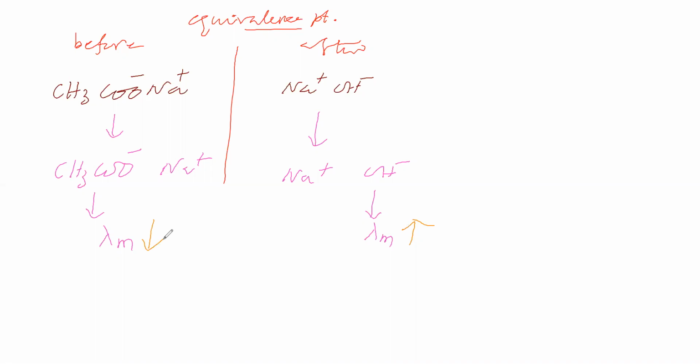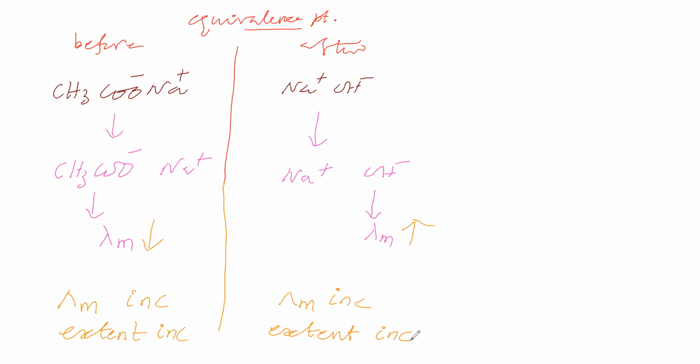Now, before the equivalence point, on adding sodium hydroxide solution, lambda m goes on increasing. After the equivalence point also, on adding sodium hydroxide solution continuously, lambda m increases. But the extent of increase, how will it be?